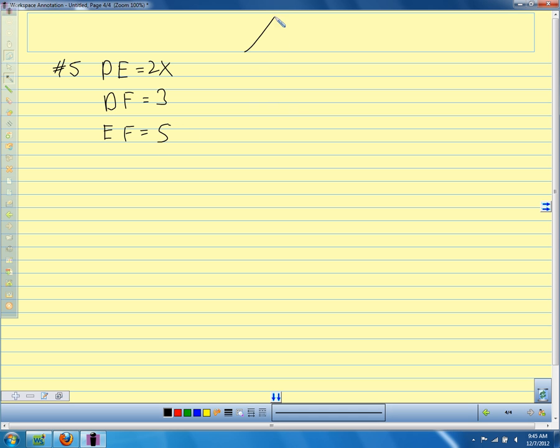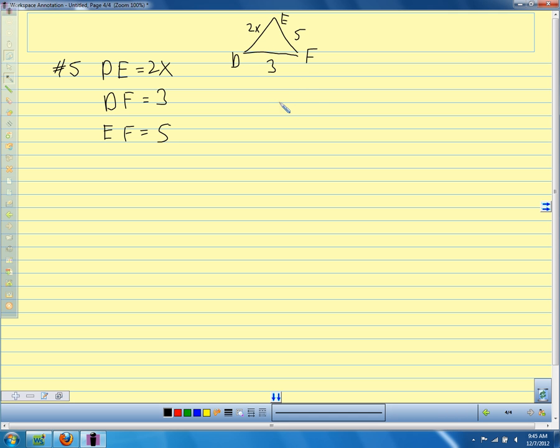So you don't have to make a sketch. It might help you think about what you're doing. This is triangle DEF. So DE is 2x, DF is 3, and EF is 5. So we have a triangle that's set up like this, and we want to figure out what value of x would let us make a triangle with these sides.